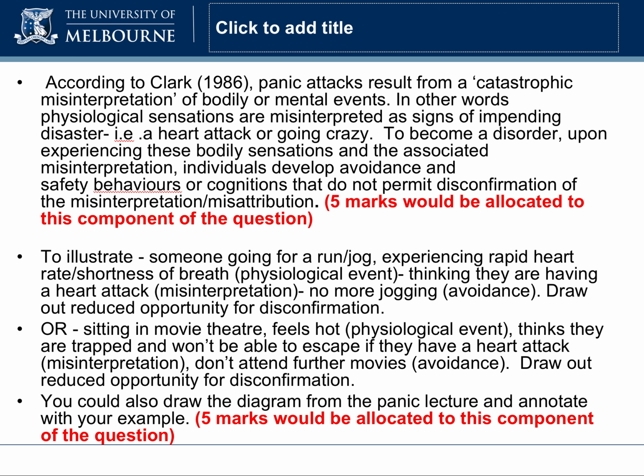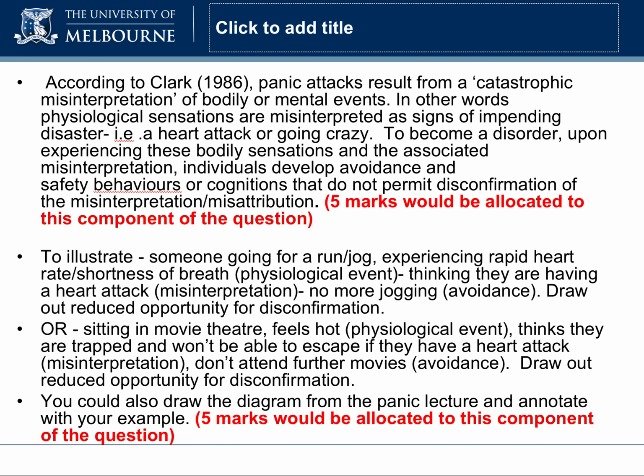And here is a number of suggestions for how that could be illustrated in the second part of the question. Remember, the second part of the question was asking you to illustrate this model. So you could certainly provide, for example, an example where somebody goes running or they exercise, and because they exercise, they experience a rapid heart rate and shortness of breath, which is normal when you're running, of course.